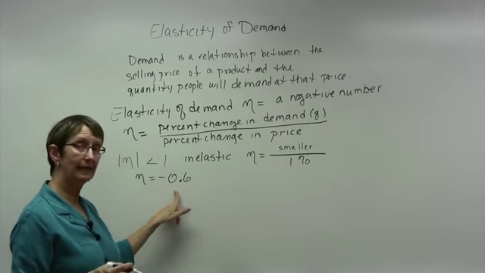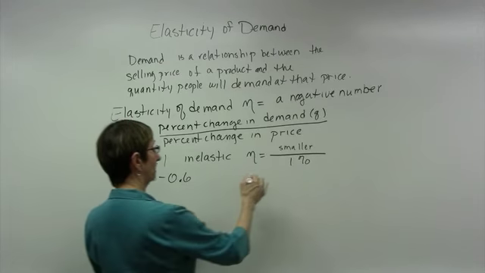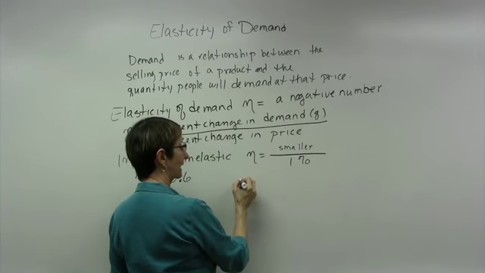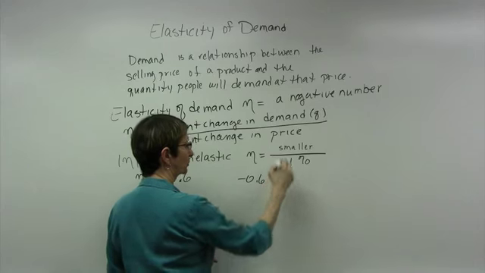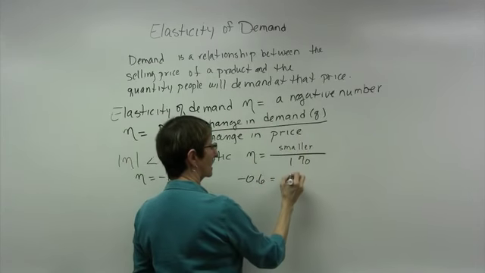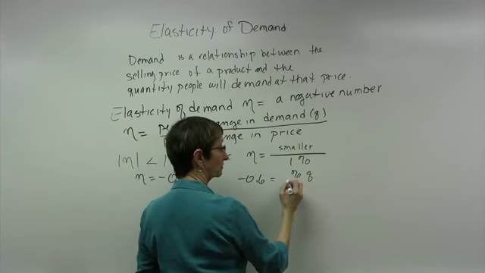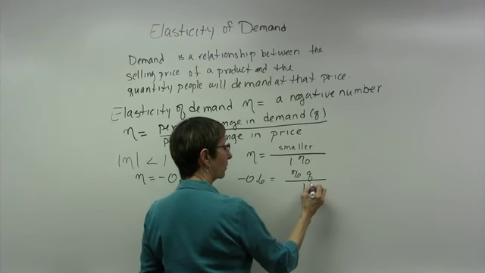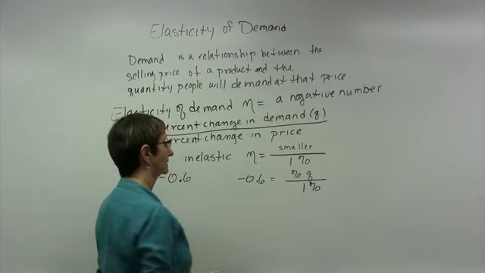And if eta is negative 0.6, I can think about this as negative 0.6 is equal to some percent change in Q divided by my 1% change in price.